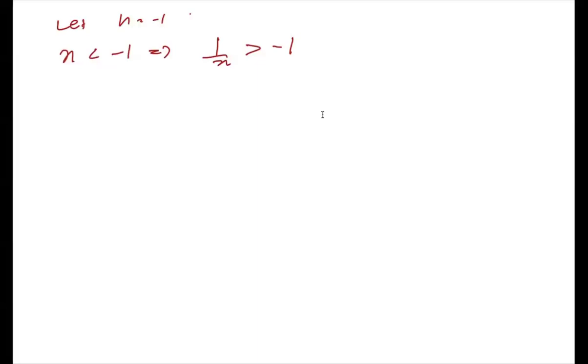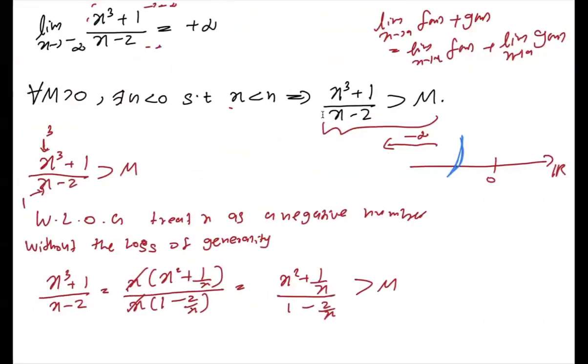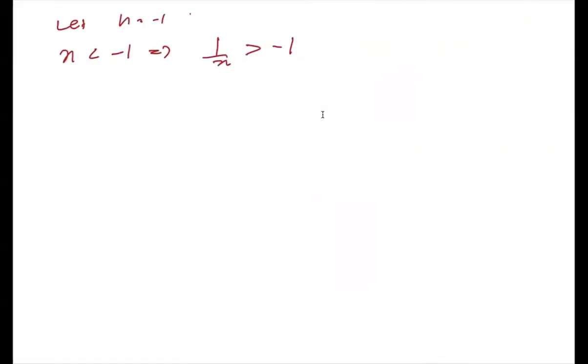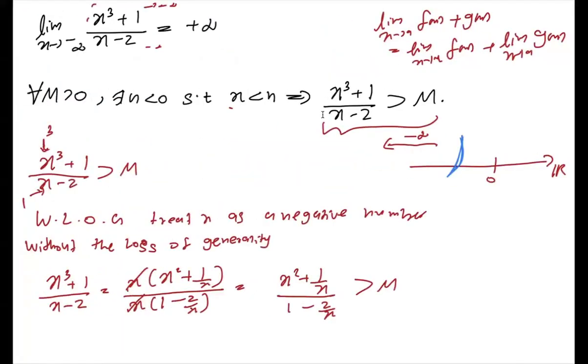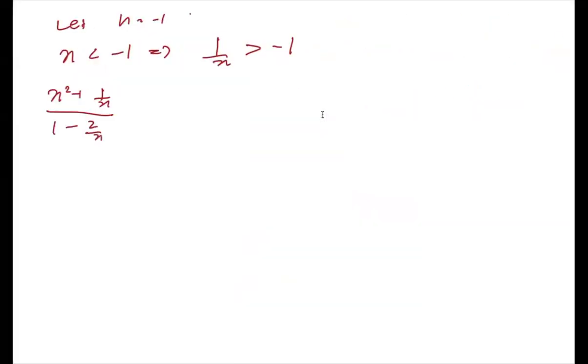Then we can substitute here for this one. Then we can say x squared plus 1 over x divided by 1 minus 2 over x is greater than x squared minus 1 divided by 1 minus 2 over x. This is because x less than minus 1 implies this one.